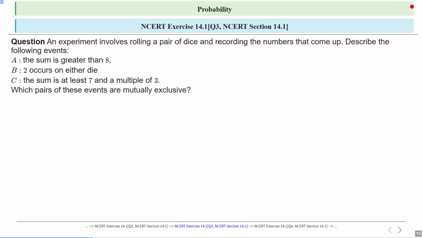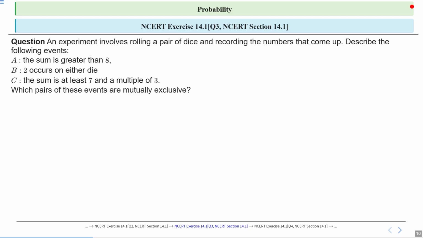So look at question number 3. First of all, read the question very carefully. An experiment involves rolling a pair of dice and recording the numbers that come up. Now describe the following events. Event A denotes the sum is greater than 8.